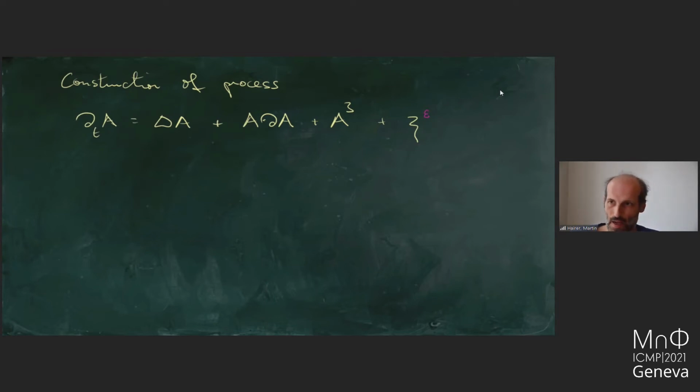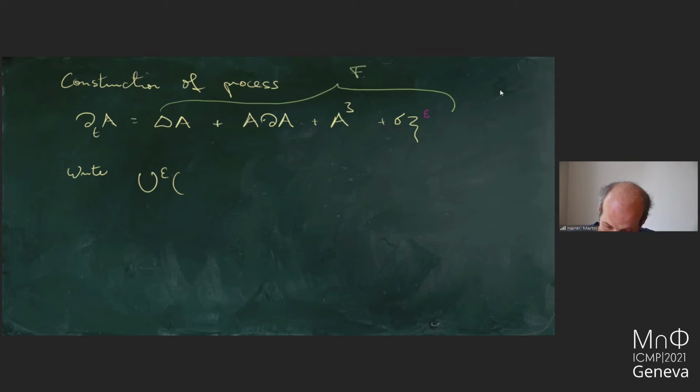It's convenient to allow myself to change the strength of the noise, so I'll put a sigma in front of the noise and call the whole right-hand side F sigma.